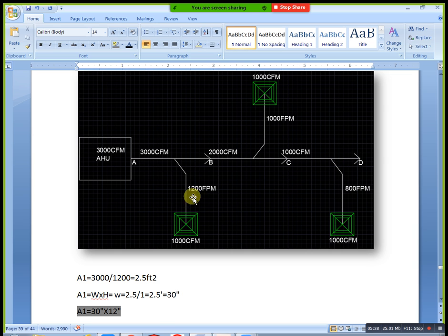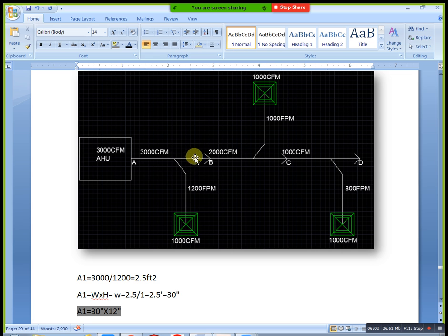First of all, this terminal 1000, this terminal 1000, and this terminal 1000, means in total we need 3000 CFM. That's why we selected our mission capacity also as 3000 CFM. First of all, here it starts at 3000 CFM and splits, divided here.